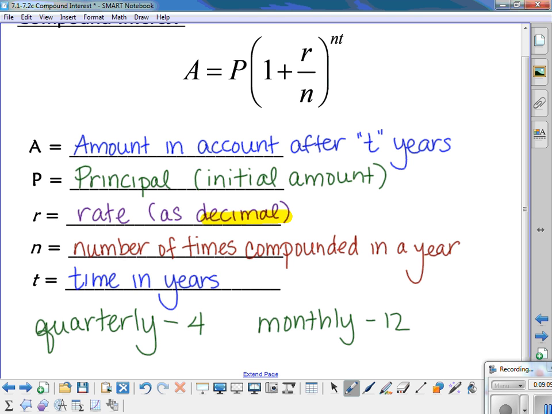And if it was done bi-monthly, what do you think that means? 24. Yeah, 24 times. It's twice a month, okay? Or semi-annually would be twice a year, okay? Daily, how many times would be daily? 365 times, okay?